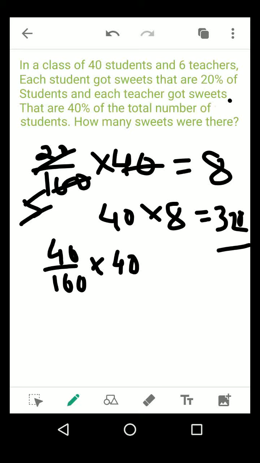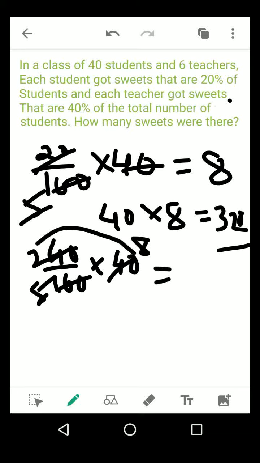So 2 twos are 4, 2 fives are 10, 5 ones are 5, 5 eights are 40, 8 into 2, it will be 16. So 16 sweets are distributed to each teacher. The total number of teachers is 6, that is 16 sixes are 96.